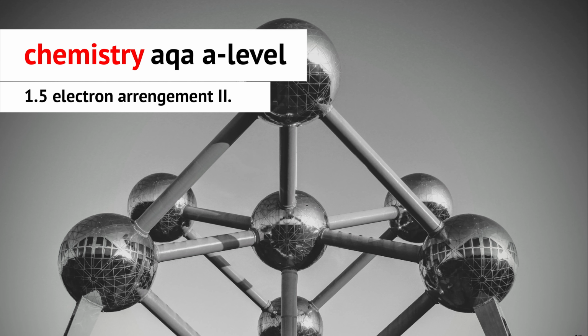Notice that 4s is actually of slightly lower energy than 3d for neutral atoms, though this can change when ions are formed. Electrons have also a property called spin. 2 electrons in the same orbital must have opposite spins.